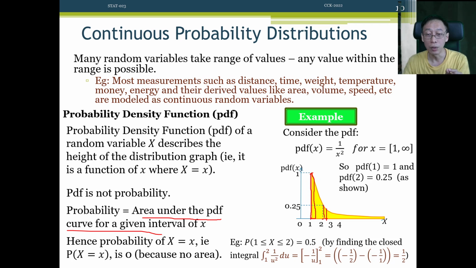I exaggerated the width. It should be very tiny, right? So the taller the PDF, the larger the area. But the larger the area, the higher the probability.